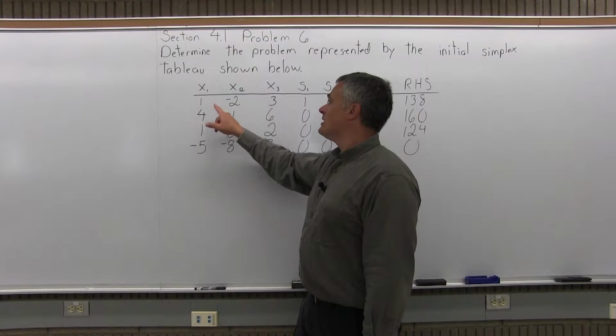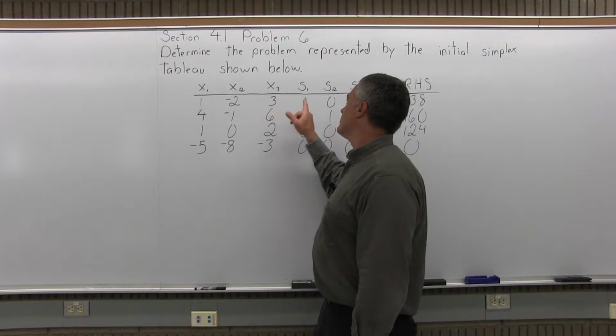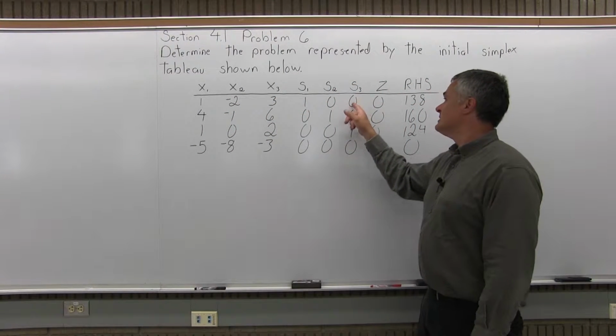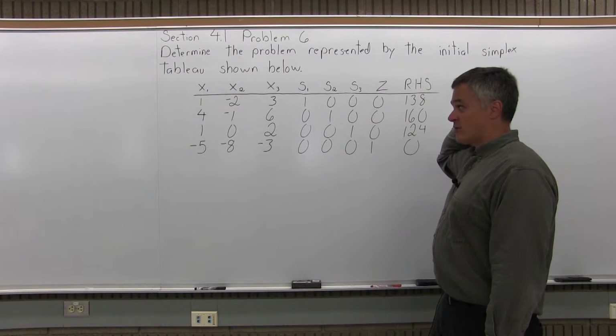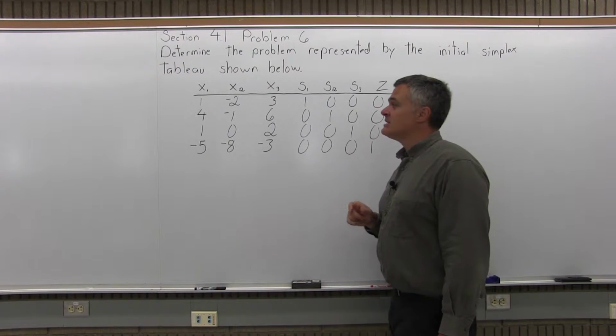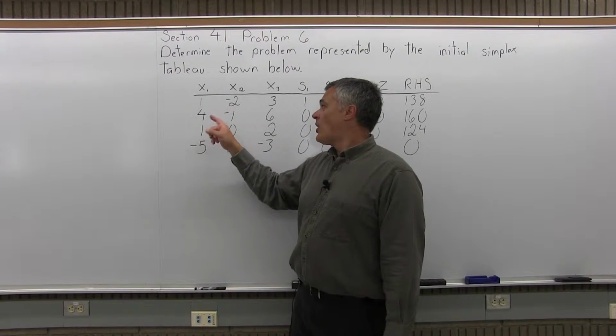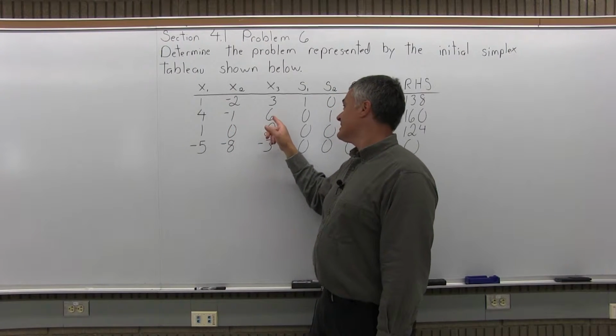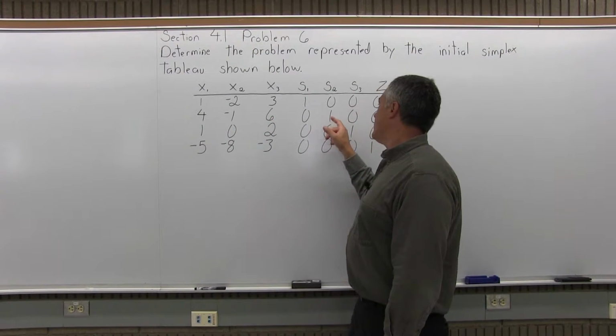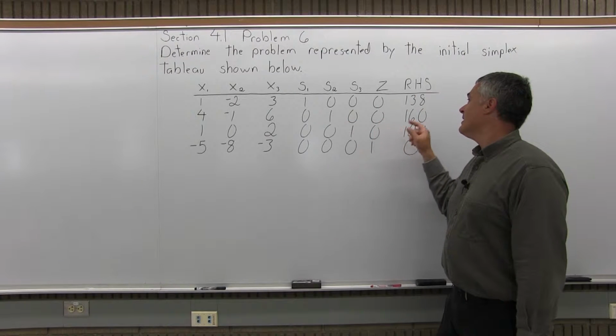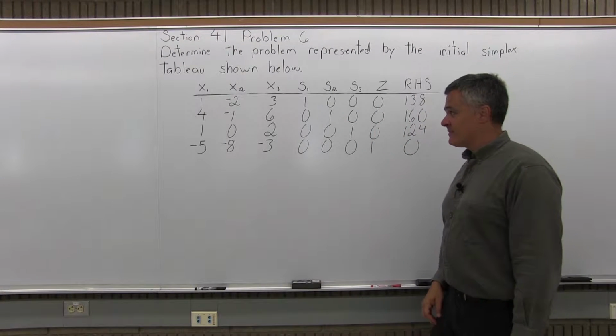The top row is 1, -2, 3, 1, 0, 0, 0, and then 138. The second row is 4, -1, 6, 0, 1, 0, 0, and then 160.